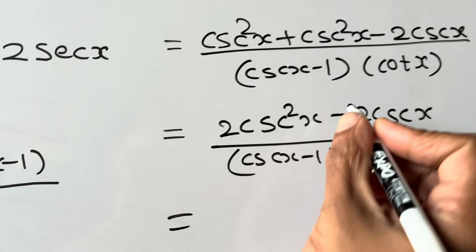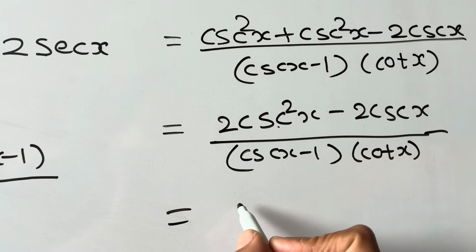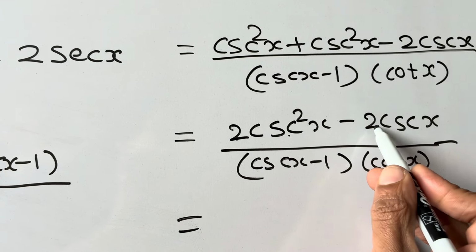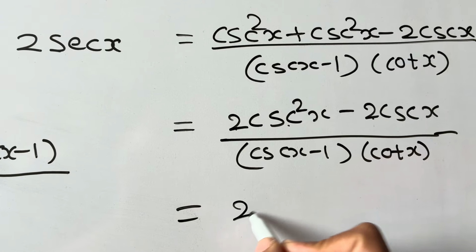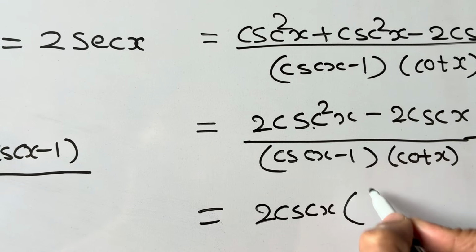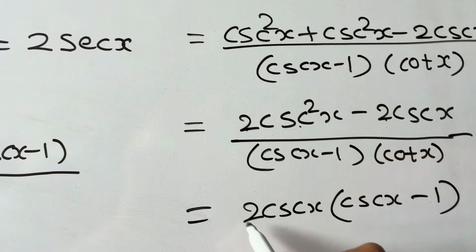So when you observe closely, we have cosecant x in this term and cosecant x in this term. So I'm going to take it as common, and you also have 2 in this term, 2 in this term. So I'm going to take 2 cosecant x as common. Then I will be left over with cosecant x in the first term, and this becomes minus 1.